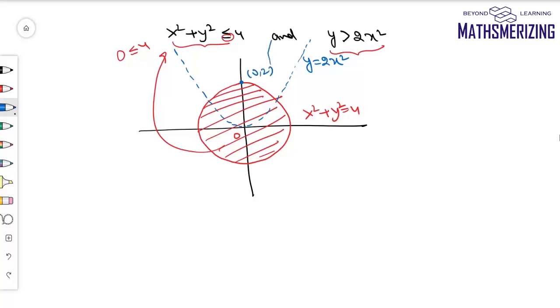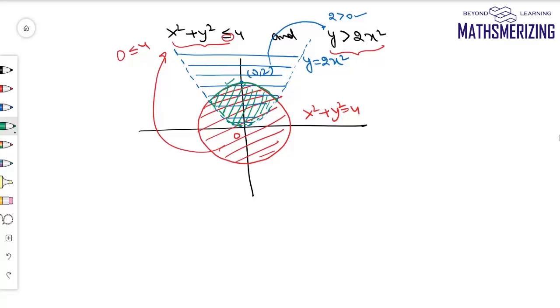If I put 0, 2, y is 2 and x is 0. So 2 is greater than 0, which is true. That means it will represent all the points inside of this parabola. So the region common to both the circle and the parabola is this region. Points on the circle are included, and points on the parabola are not included.